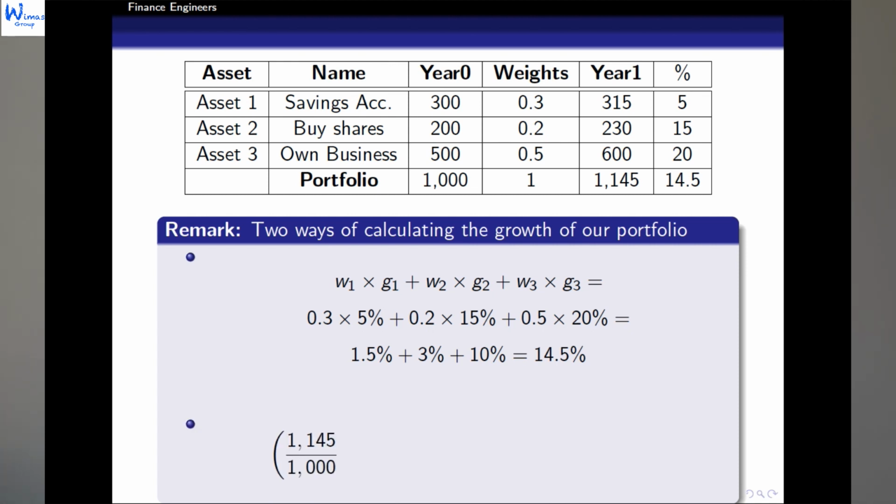Or we can take just the amount of the portfolio we have at the end of 1 year, which is 1,145. We divide by the 1,000 we invested at the beginning, we subtract 1, and what we obtain we multiply by 100. So we are going to obtain 0.145 times 100, which is equal to 14.5.